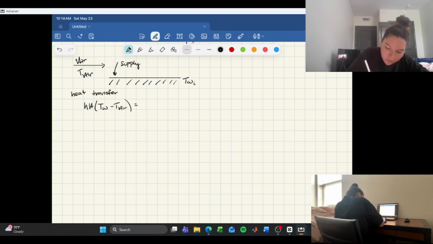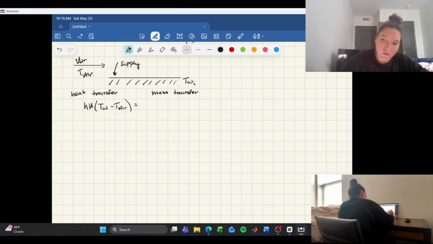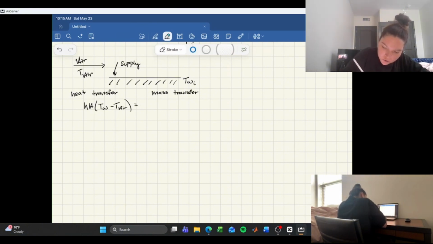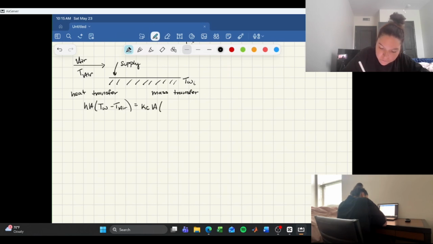It's going to be equal to the mass transfer equation, which is going to be the mass transfer coefficient times the area times the change in concentration, which is going to be the concentration of water at the interface minus the concentration of water at infinity.